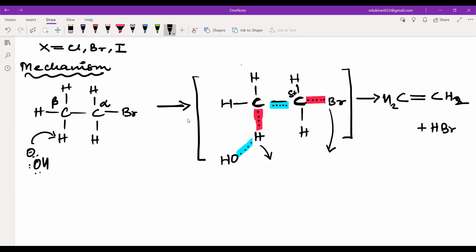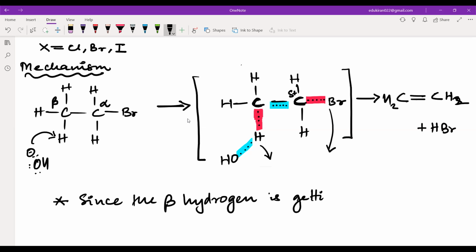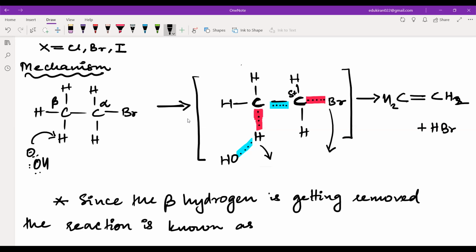And since beta hydrogen is getting removed, the reaction is known as beta elimination.